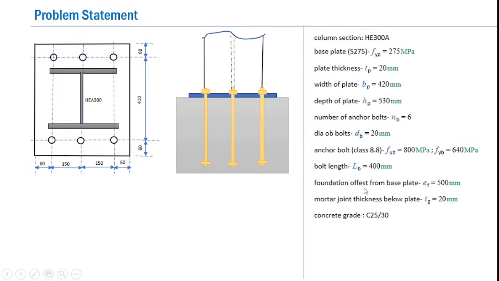The foundation offset that is considered is a length of 500 mm on each and every side of the plate. We considered that the base plate will be supported directly on a mortar joint of thickness 20 mm. The concrete grade for the pedestal is taken as C25/30.